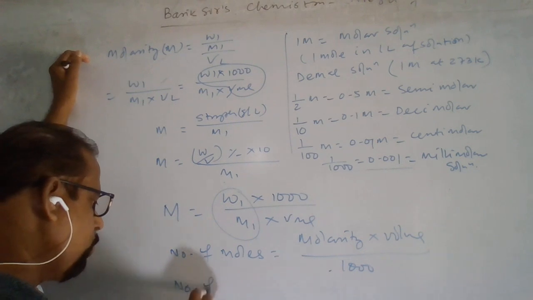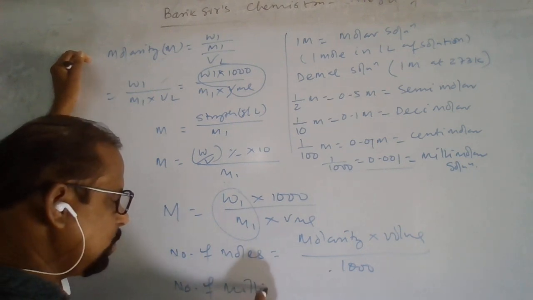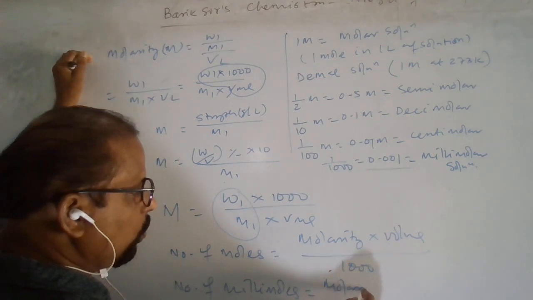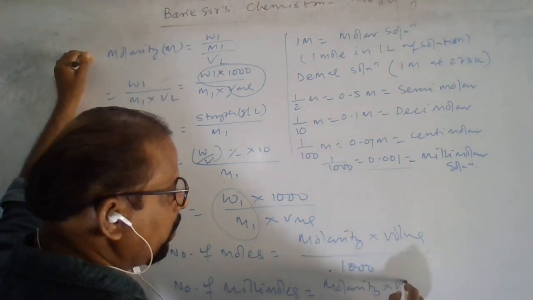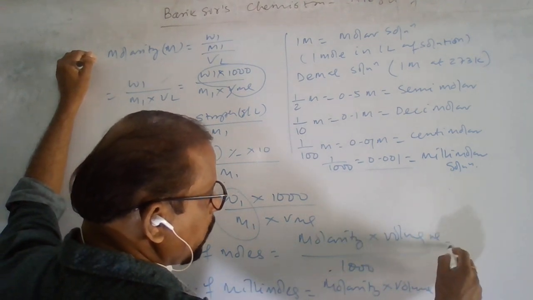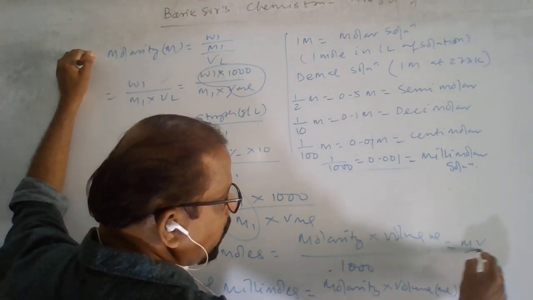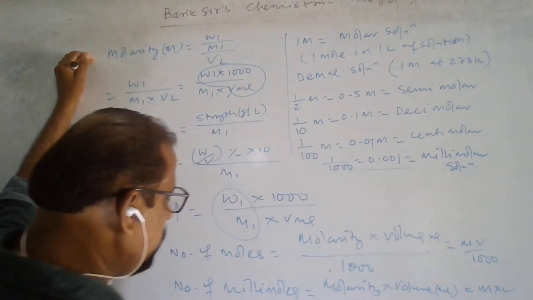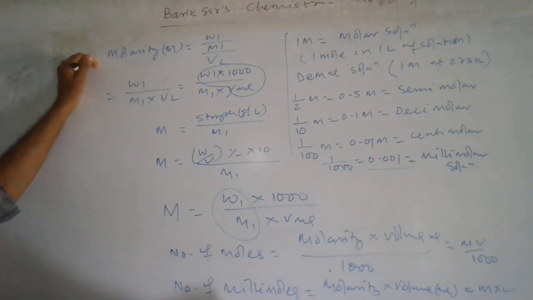Number of millimoles, how to calculate? Millimoles means we have to multiply by 1000 here. So that is equal to the molarity into volume in milliliter. MV by 1000 is the number of moles, and molarity into volume, MV, is the number of millimoles.